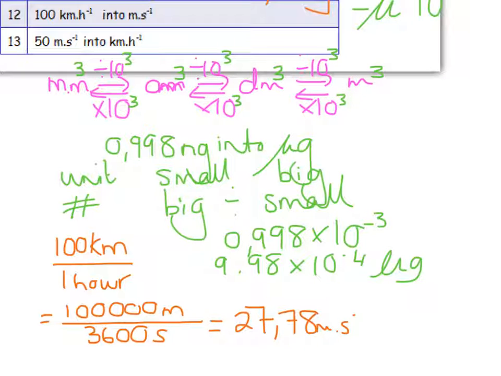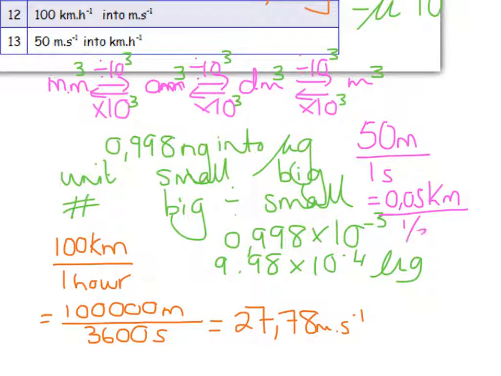I don't try and be clever and divide it by 3.6, because I'm likely to get confused and want to multiply it and then stuff the whole question up. If I'm going in the other direction, so I'm going 50 meters per 1 second. What does that really mean? It really means 0.05 kilometers per 1/3600th of an hour.